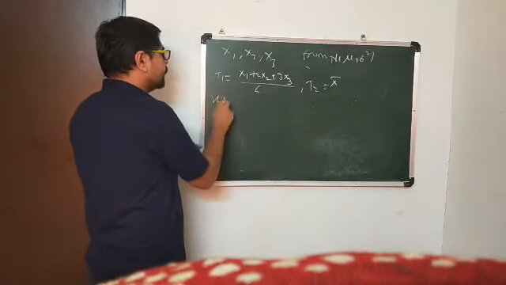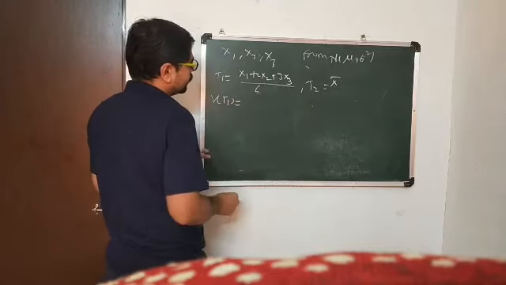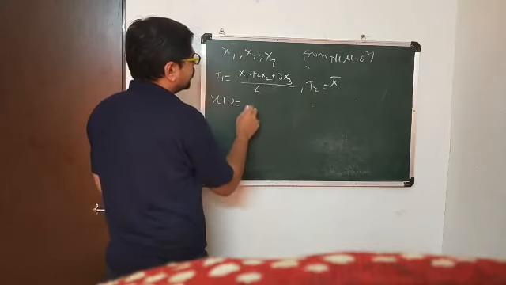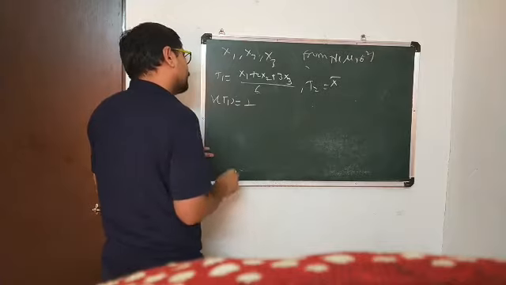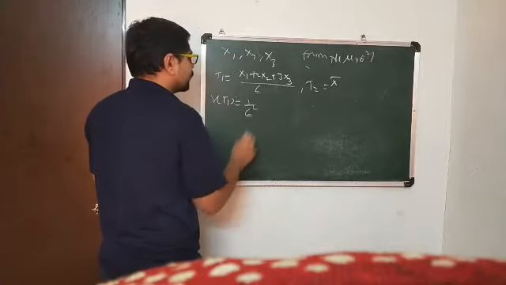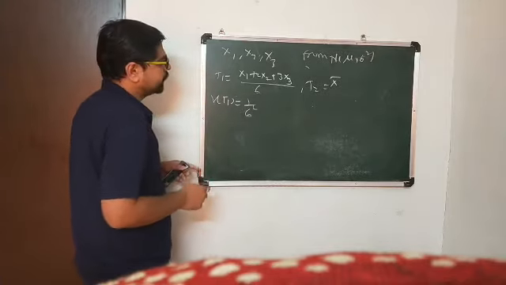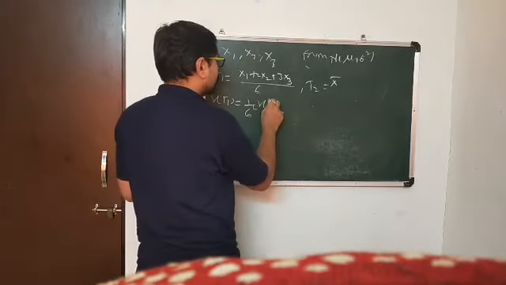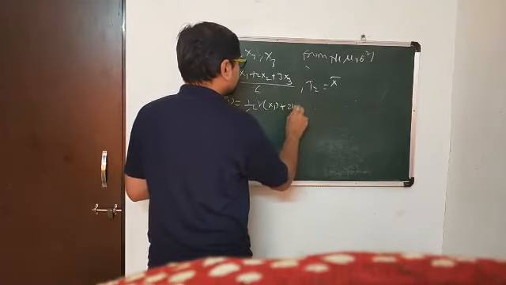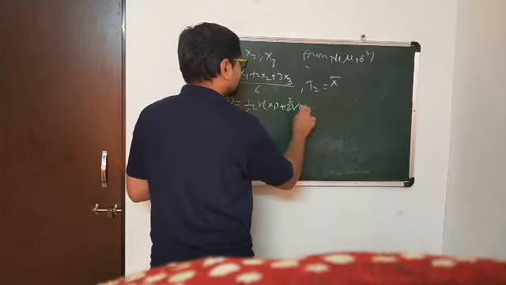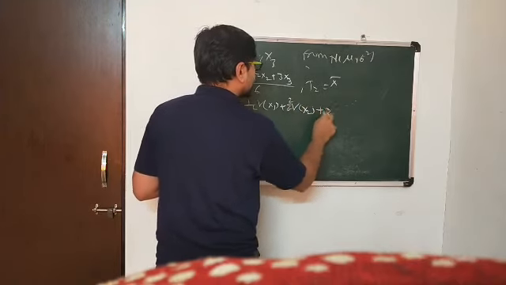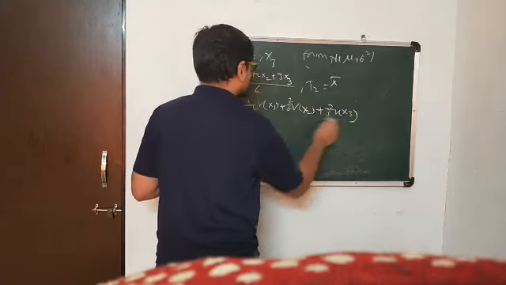So variance of T1 is equal to 1 upon 6 square into variance of X1 plus 2 square into variance of X2 plus 3 square into variance of X3.